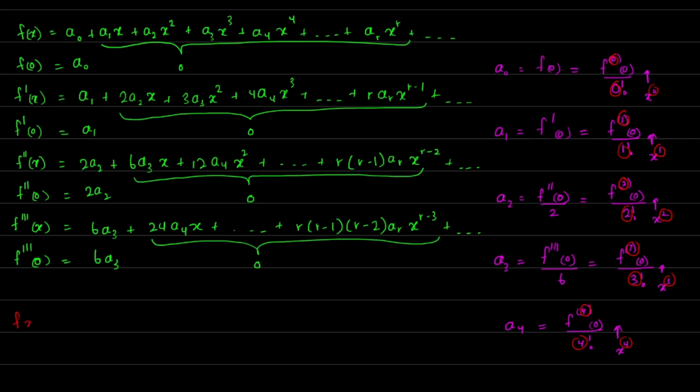So f(x) is going to be equal to f(0) plus f'(0) x plus f''(0) divided by 2 factorial x squared plus f'''(0) divided by 3 factorial x cubed, and that keeps on going up till the r-th derivative of f at 0 divided by r factorial x to the power r, and this is basically an infinite polynomial.